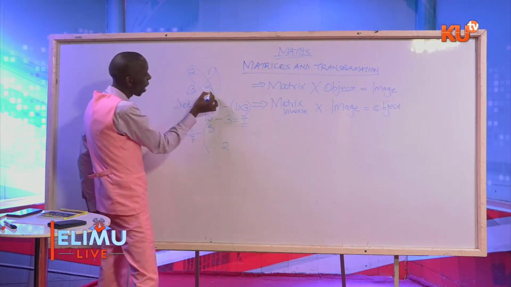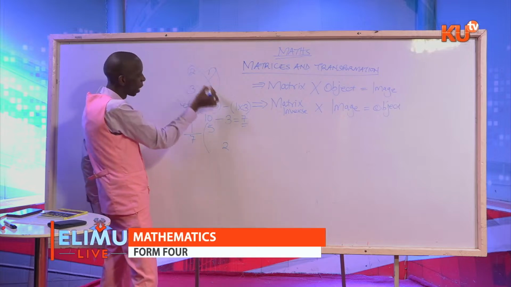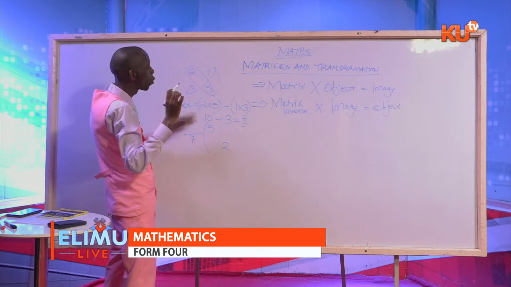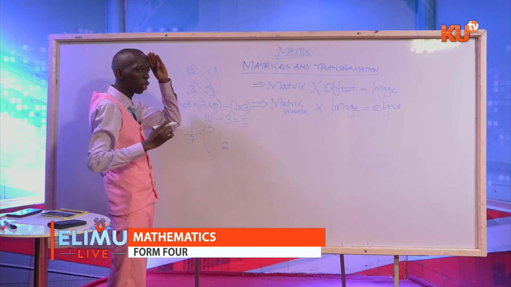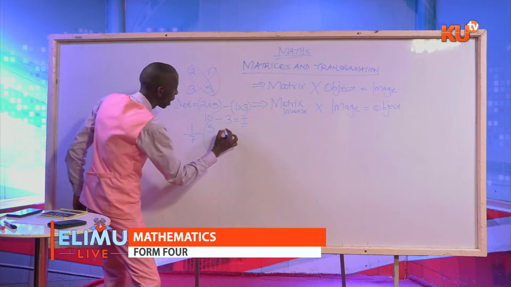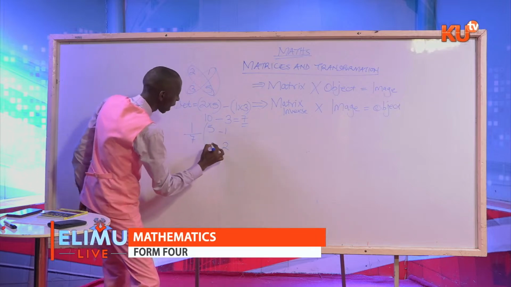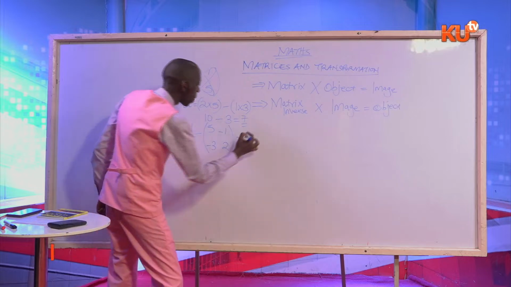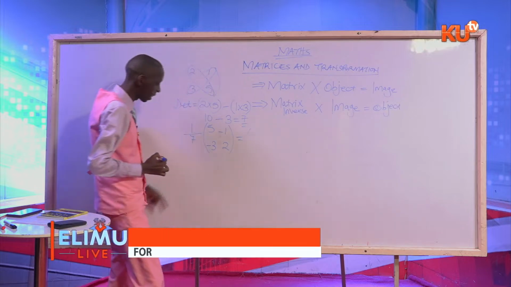So 5 will come here and 2 will come there. Then you change the signs of your left-hand salute. This will be -1, -3. Then you open the bracket.